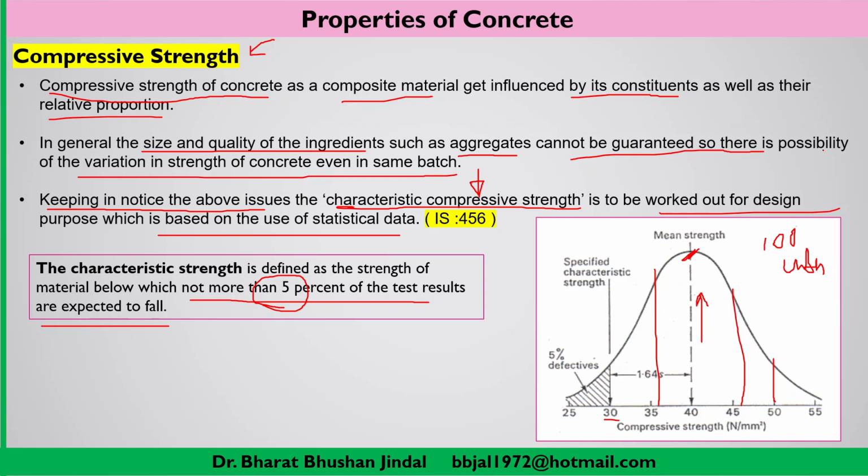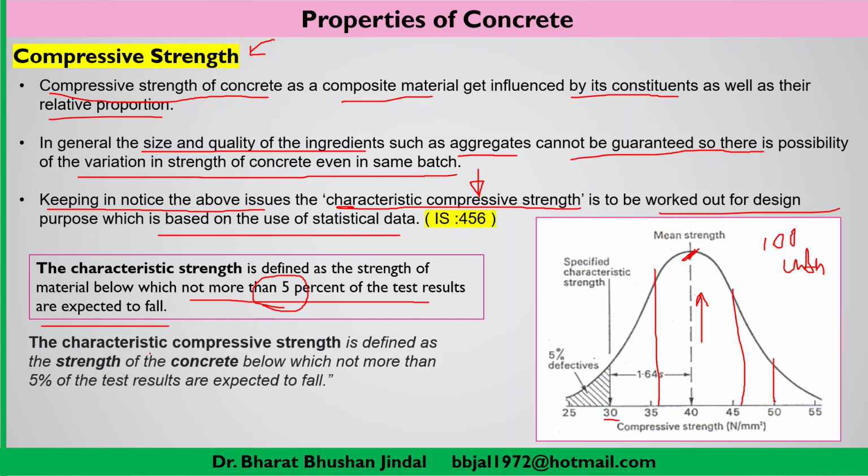So it is very clear from this graph that there are some cubes having a strength of 40 MPa, some of the cubes having a strength of 35 MPa, and the effective characteristic strength is 30 MPa.